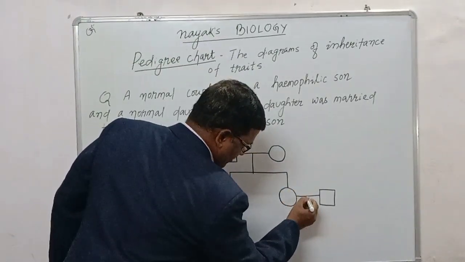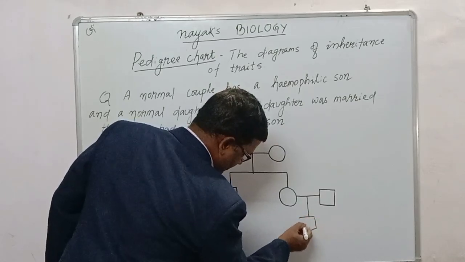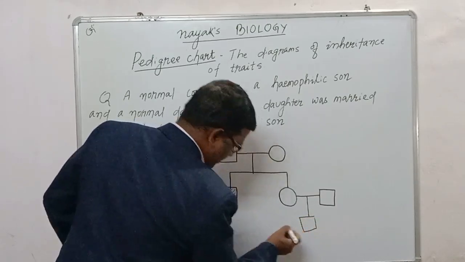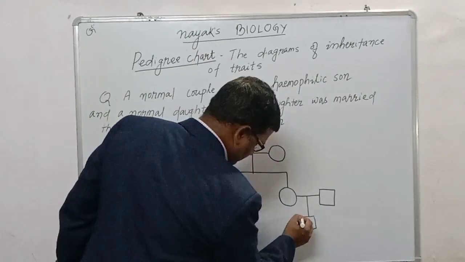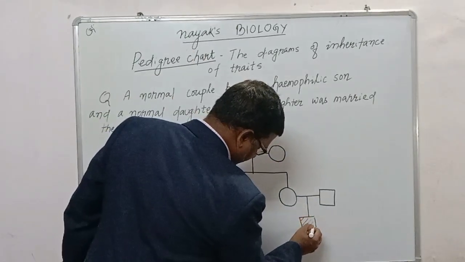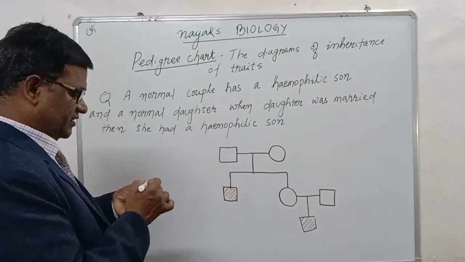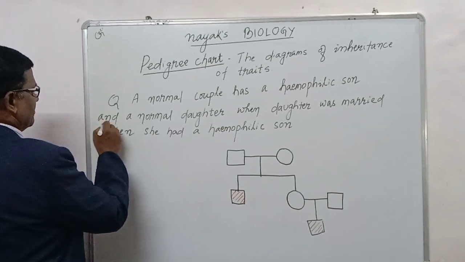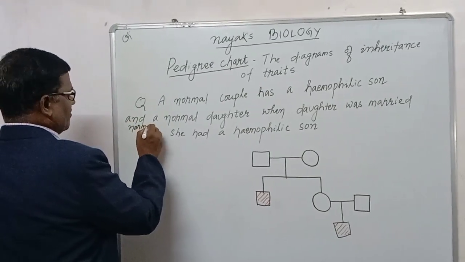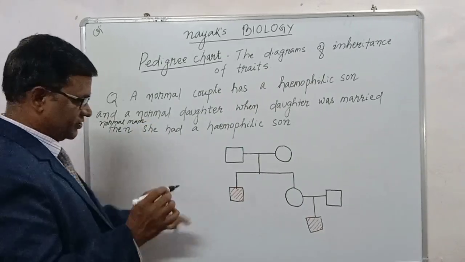You see, we mark the hemophilic son like this, because sons are marked with a square, and he is a diseased person. Now is our pedigree chart clear? When a daughter married a normal man, she had a hemophilic son.